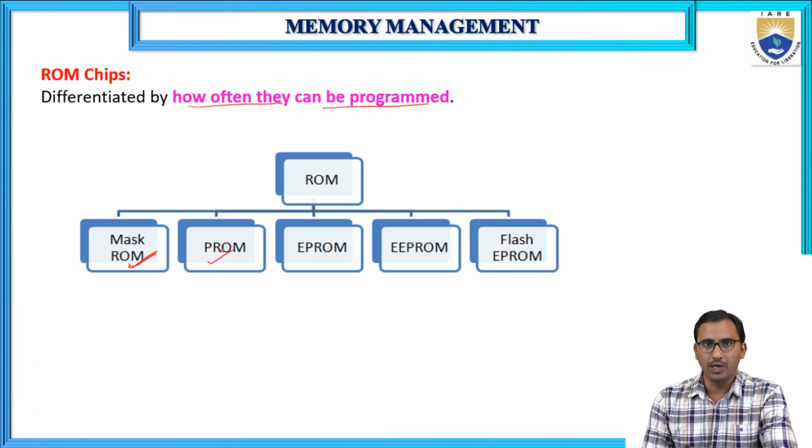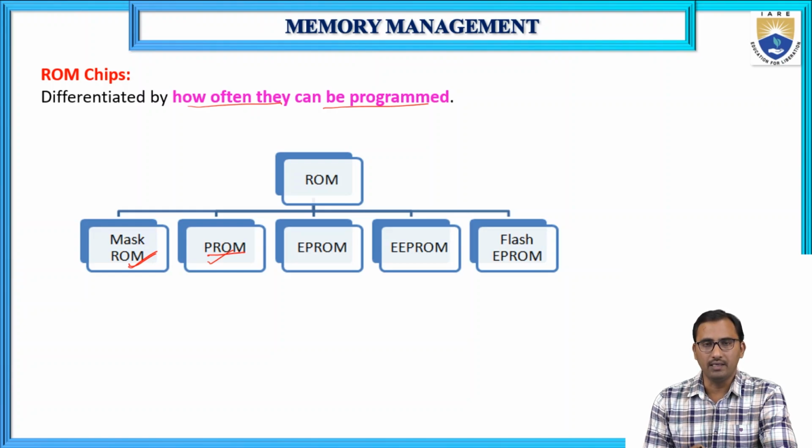And after that, PROM, programmable read-only memory. The name itself specifies the meaning. Empty PROM chips are available in the market, so the user can purchase an empty PROM chip and program it by using a PROM programmer.